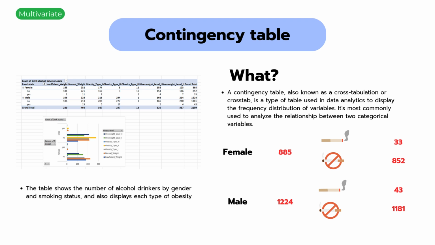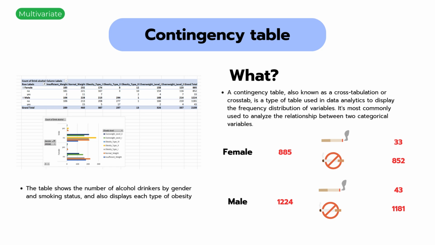As you can see in the table on the left, the table shows the number of alcohol drinkers by gender and smoking status, and also displays each type of obesity. So I will give you an example of how to read the table.